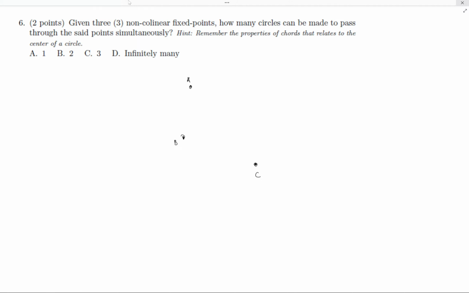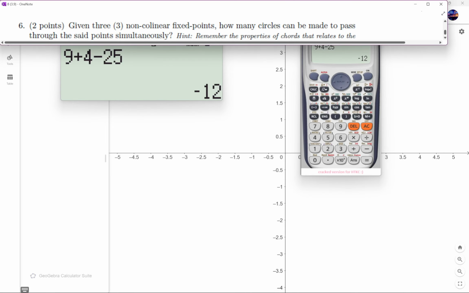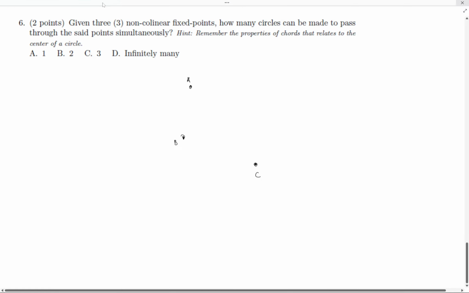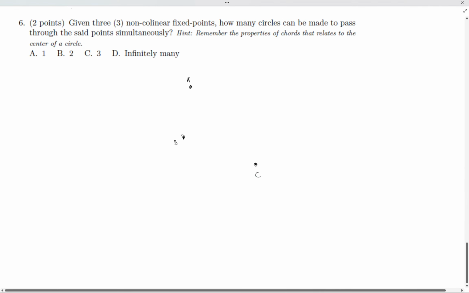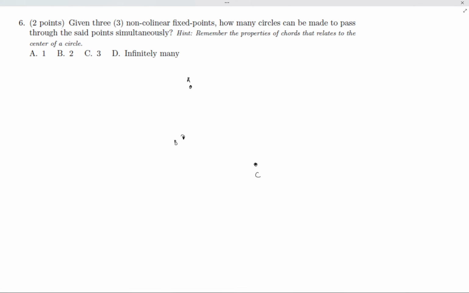Probably you will see why later on. Now, if these three are non-collinear, we can therefore draw two segments connecting the 3 points. We can choose any of them, but we can draw two segments right there, or even three if you want.